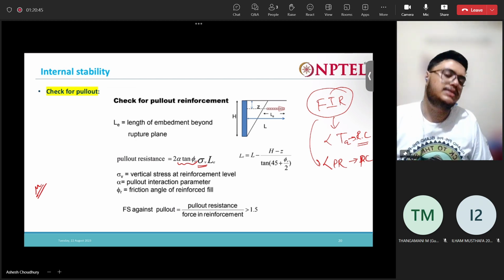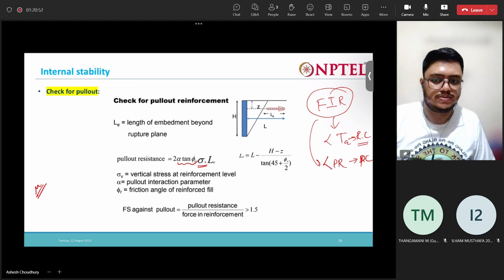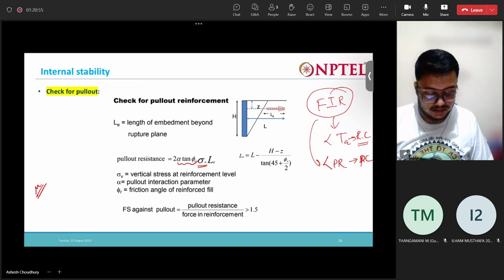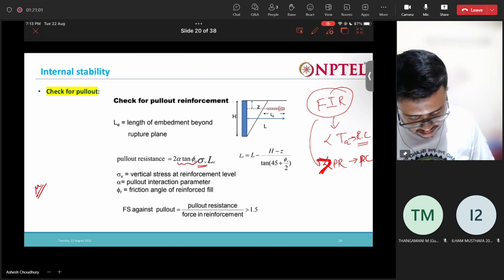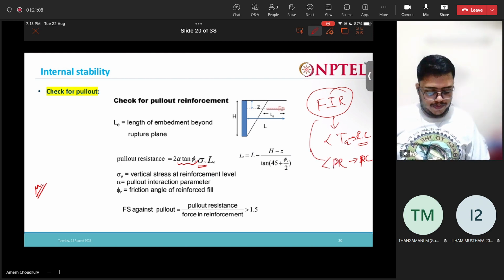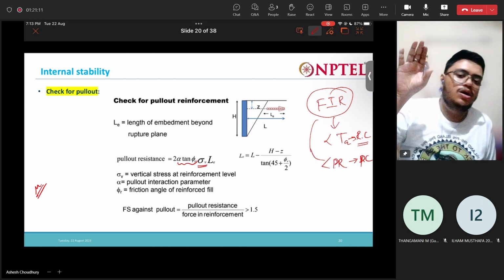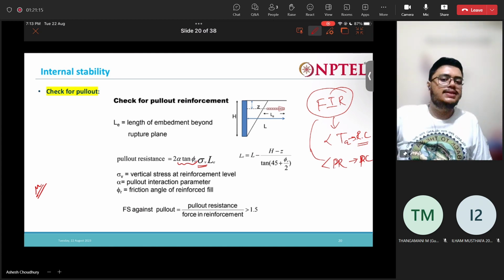That should actually be greater, sorry, less only. So this pull out resistance should be greater than the load that is coming to the reinforcement.